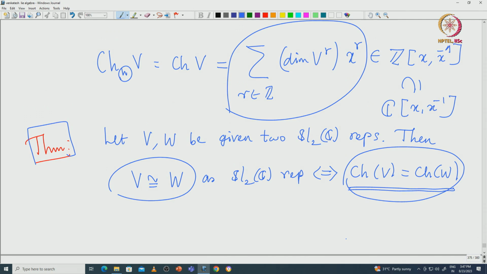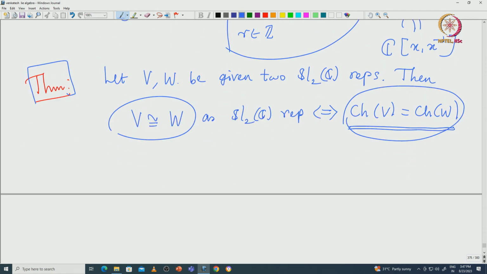So, basically what you prove is that the characters of irreducible representations are linearly independent. Okay. Because we talk about linear independence, let me actually work over C. One can also talk about Z-linear independence, but anyway it is easier for us to just talk over C, not a problem.